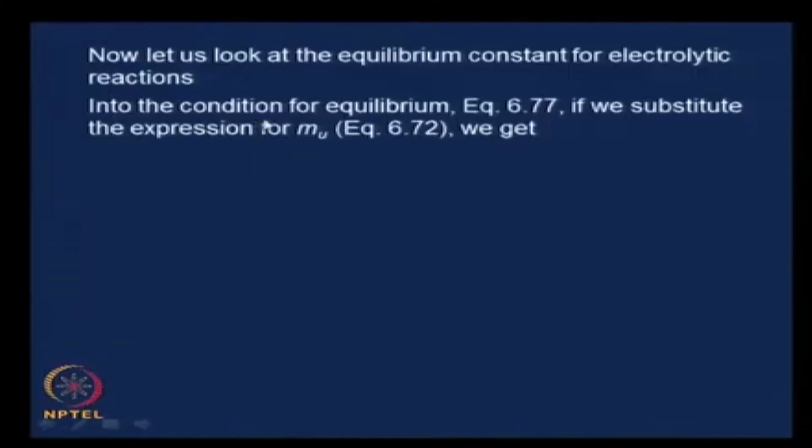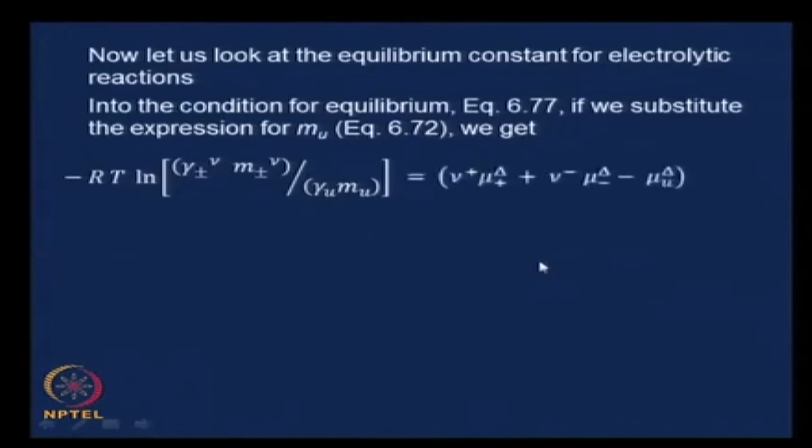To do that, into the condition of equilibrium, which is mu u equals nu plus mu plus plus nu minus mu minus, if you substitute the expression for mu, whatever we had written in terms of the other variables, we get minus RT ln of gamma plus minus raised to the power nu m plus minus raised to the power nu divided by gamma u m u equals nu plus mu plus triangle plus nu minus mu minus triangle minus mu u triangle.